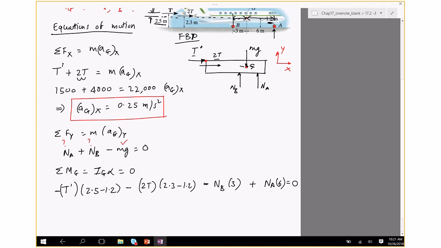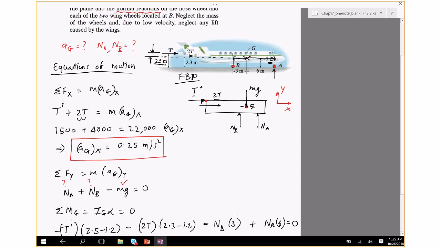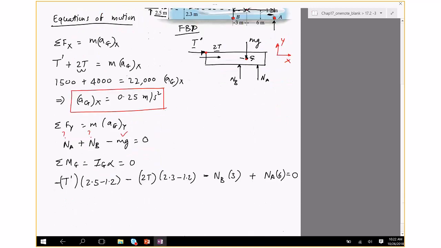Okay, so let's sub in the values for T prime and 2t. T prime is 1.5 times 10 raised to 3. 2t is 4 times 10 raised to 3, or 4,000.